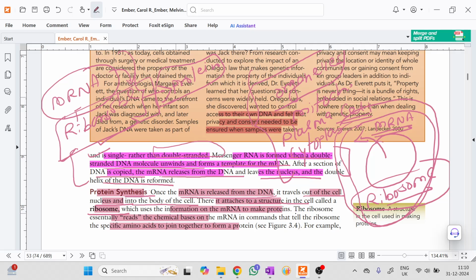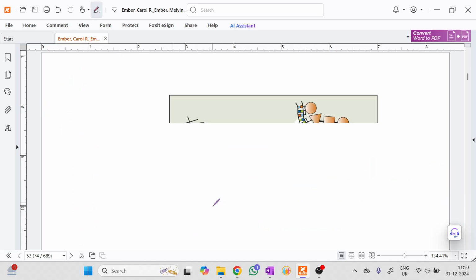So here the ribosome reads the chemical bases, or reads the code that is being carried by mRNA, and then it commands the specific amino acids to join together to form a protein.